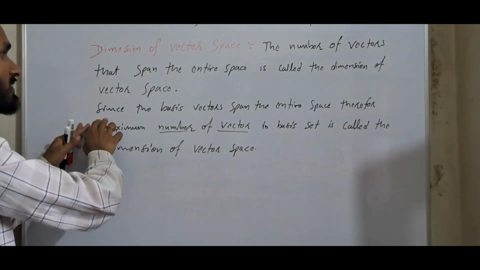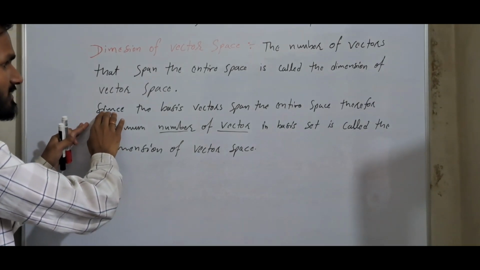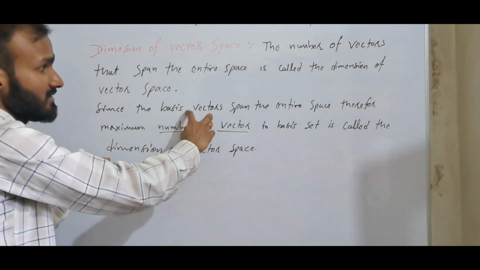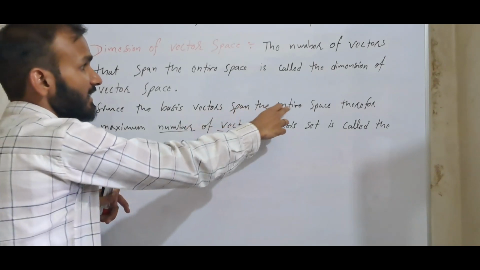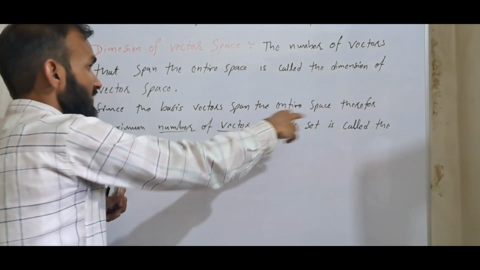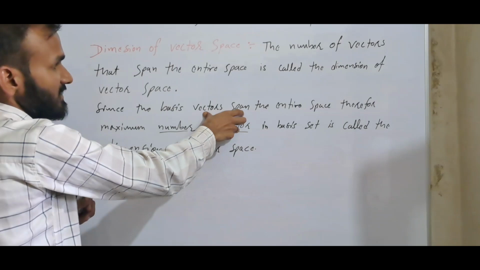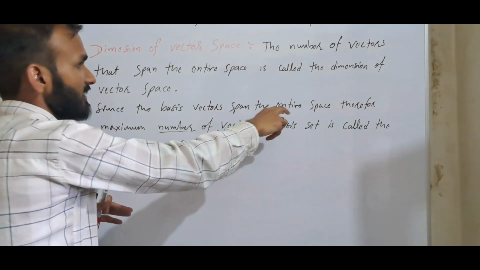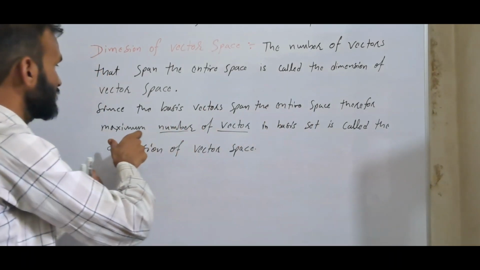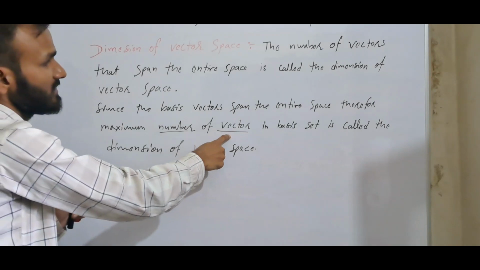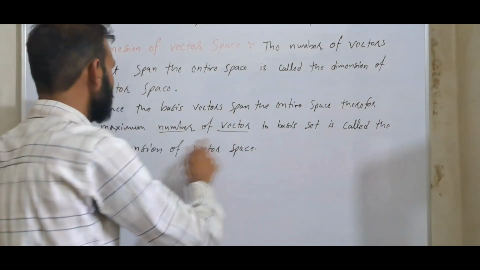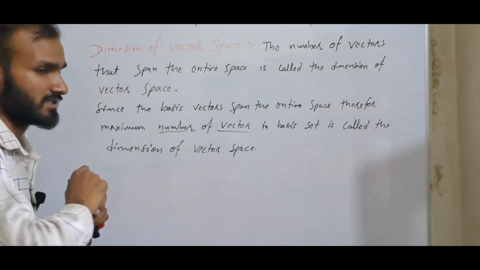In other words, since the basis vectors span the entire space, if the basis vector set is a complete set, then the maximum number of vectors in the basis set is called the dimension of the vector space.